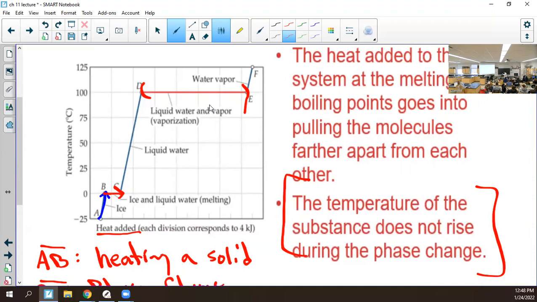And in exchange, all that energy goes in, sends them all out, and then after it's all gas, then we'll heat the temperature. All right, so E to F, I won't write it, but that's just raising the temperature of a gas by adding heat. Fair enough. Is there another phase change ever?